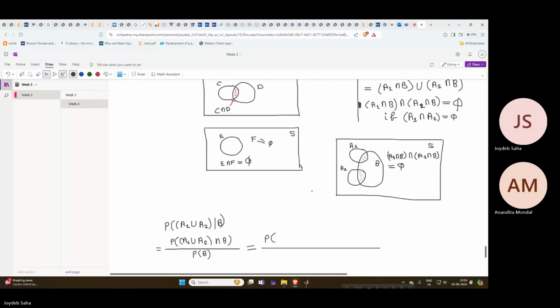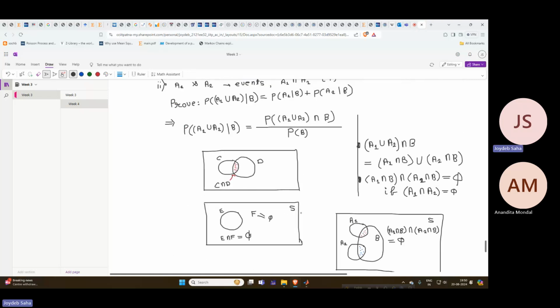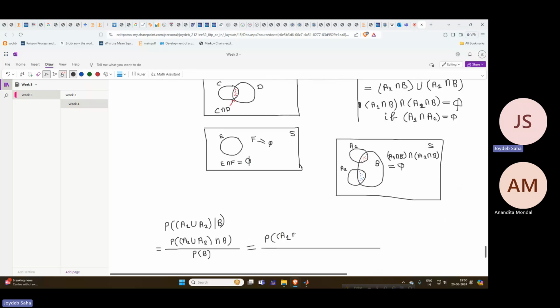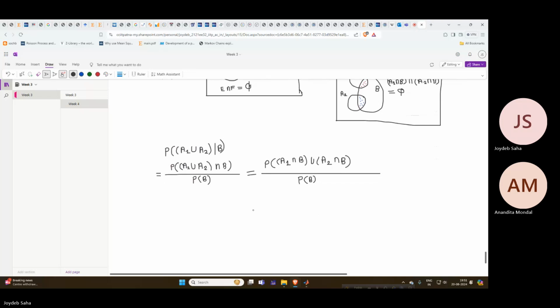Probability of A1 intersection B union A2 intersection B by probability of B.